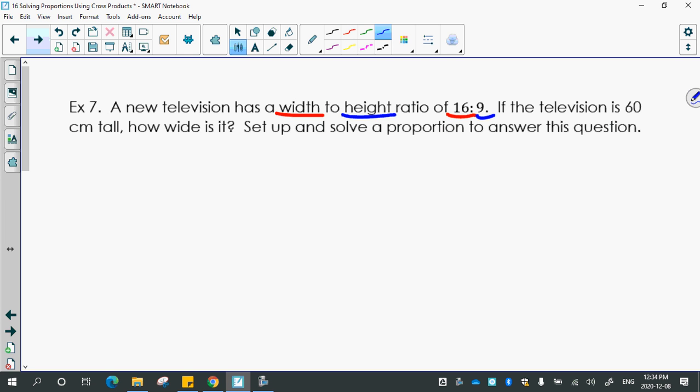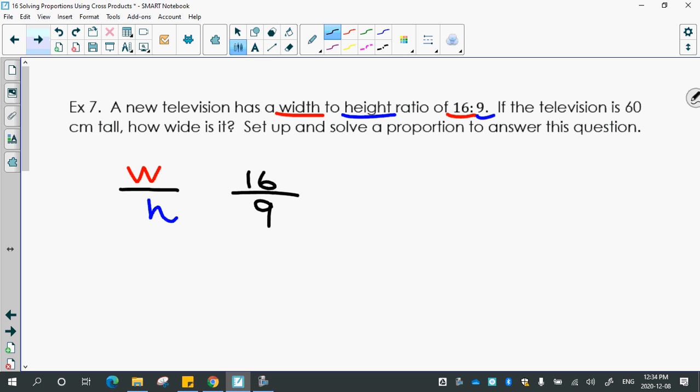If I were doing something off to the side here, I would write W stands for width over H stands for height. I want a vertical fraction, so on width I write 16 and on height 9.